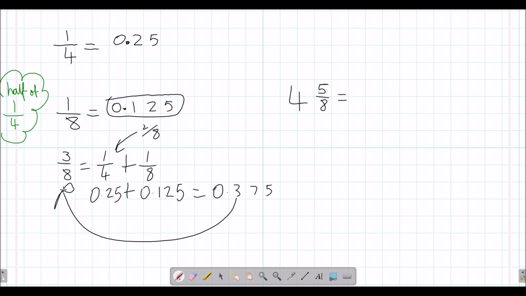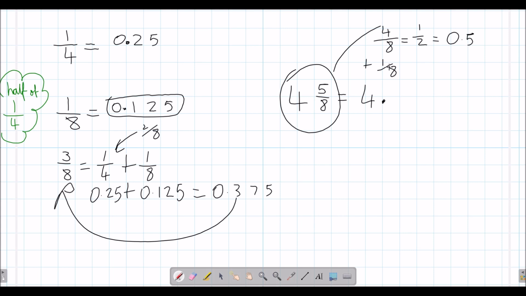So then I've got over here 4 and 5/8. So 4 and 5/8, the 4 will still be a 4. But 5/8, I see it as being 4/8, which is the same as a half, and that means it's 0.5. That's 4/8. I need to add 1 more eighth to it, and that is 0.125.